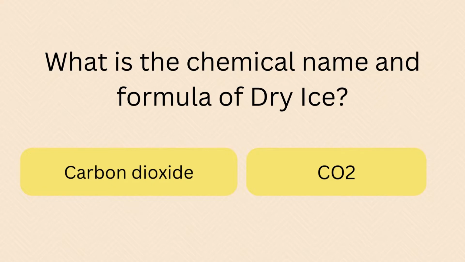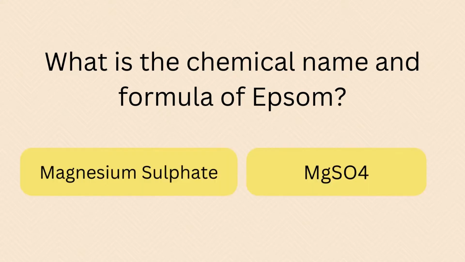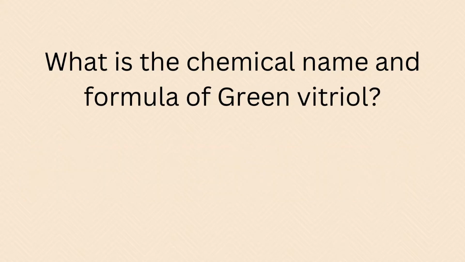Next one. What is the chemical name and formula of Epsom salt? Answer. Magnesium sulfate. And the chemical formula of Epsom salt is MgSO4. Next one. What is the chemical name and formula of green vitriol? Answer.